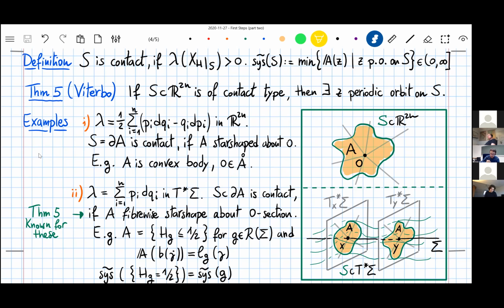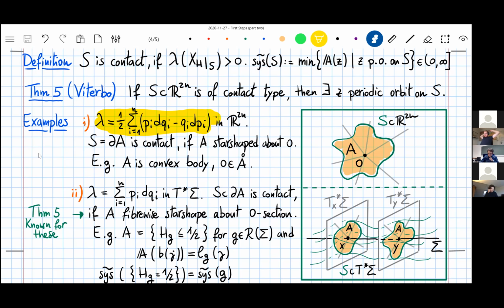If you take this choice here, lambda is 1/2 (p_i dq_i minus q_i dp_i), which you can think of as a kind of radially symmetric one-form, a primitive of your omega_0. Then if your hypersurface bounds a star-shaped domain about the origin, then it will be of contact type.